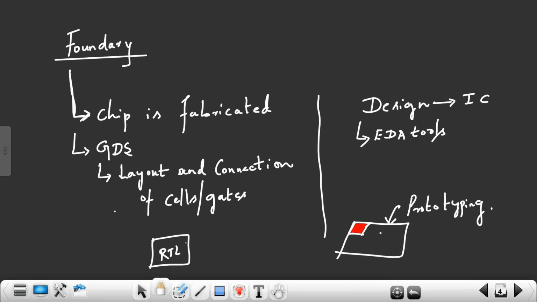I am not sure whether this RTL is working properly, so I cannot do all the steps: generate the GDS, give it to the foundry, and have the foundry fabricate the IC, and then find I cannot test that IC. To test whether the RTL is working fine, I dump this RTL on the FPGA. FPGA is hardware only, right? It's not software.